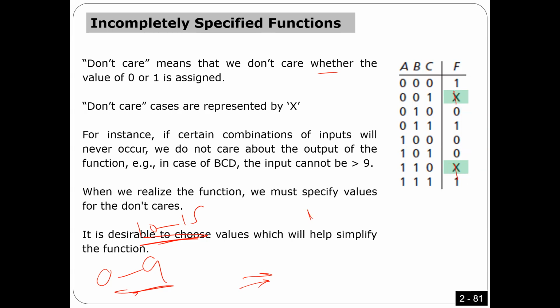So in other words, I'm gonna select this x, either 0 or 1, in such a way to help me simplify the function. Yes, I don't care about them, meaning I don't care what the output is, if it's 0 or 1. But I have to be smart. If I select the zeros, I have to see which one is gonna help me simplify the function more. Anyway, I'm gonna talk about this next time, and then I'm gonna start chapter 3.